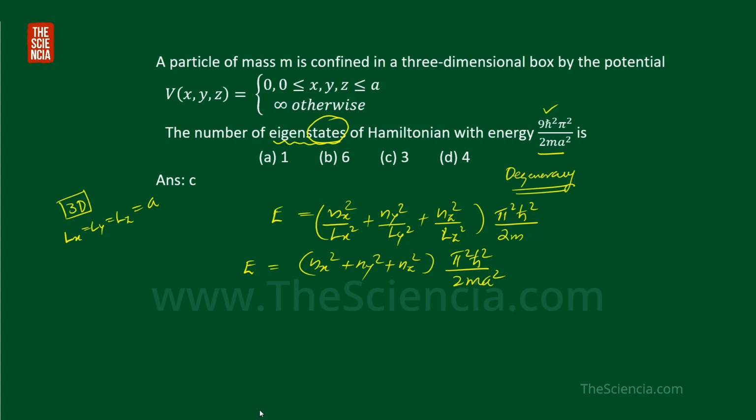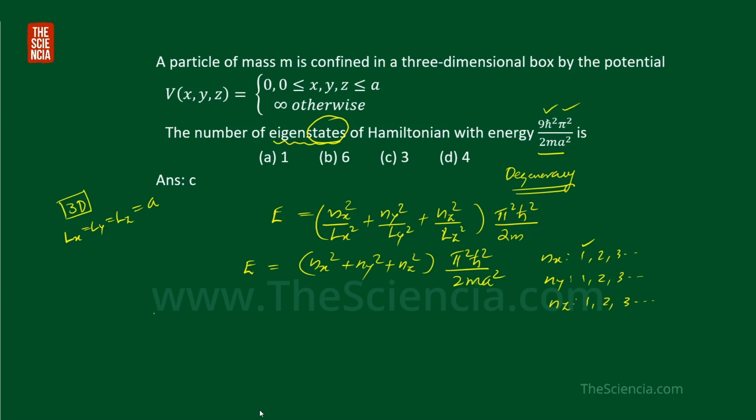So we can take different combinations of nx values 1, 2, 3, etc., ny values 1, 2, 3, etc., and also nz values 1, 2, 3, etc. Now we can check which combination of nx, ny and nz will give this energy 9 pi square h square by 2ma square. So first I am taking nx equal to 1.